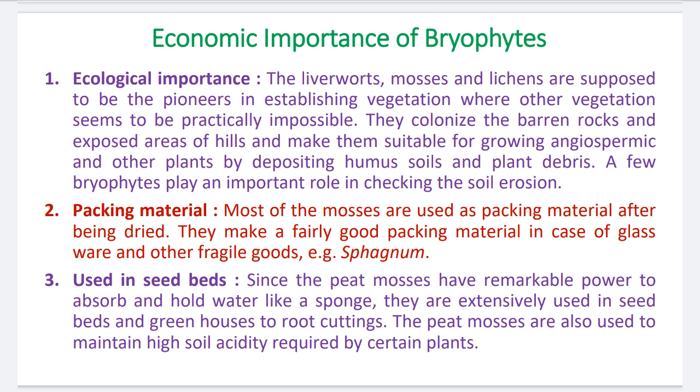And due to their, they can maintain high soil acidity. काही प्लांटला हाय सॉईल ॲसिडिटी पाहिजे असते, ते पण काय होतं तर ब्रायोफाईट ते हाय सॉईल ॲसिडिटी मेंटेन केल्यामुळं ते झाडालाही सहजासहजी मिळू शकतं. ओके.